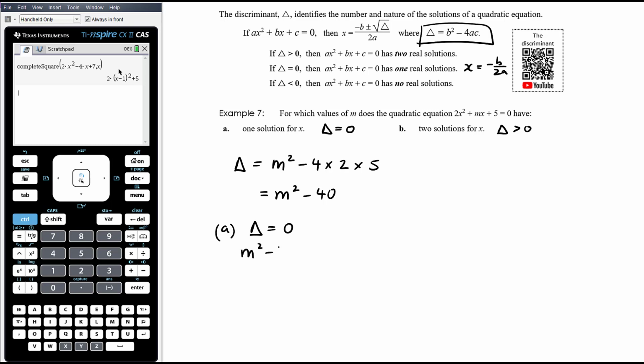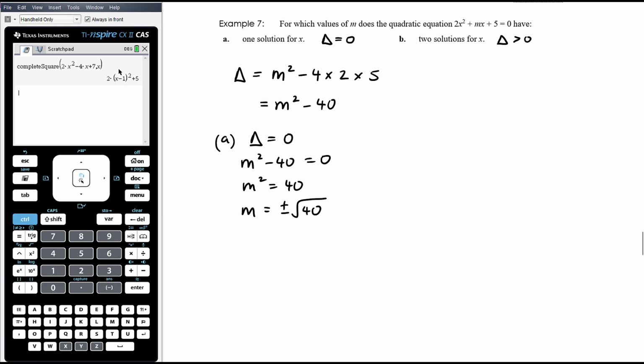So where m squared minus 40 equals 0, m squared equals 40, m is the positive or negative square root of 40, which is not in simplest form. Square number 4 goes into that. So that is the square root of 4 times 10. The square root of 4 is 2, so it is 2 root 10.